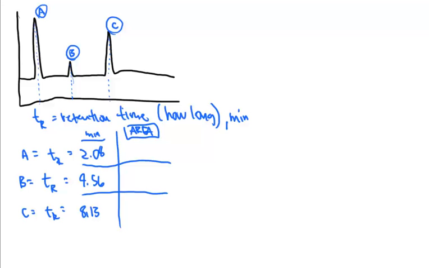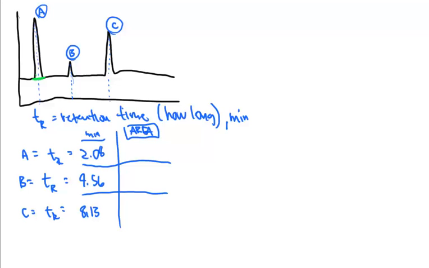So what the detector does is it says, okay, here we have the A peak, and this is a component. And the machine says, well, if nothing came off, my baseline would be about right here. But something came off at this moment, and we have to calculate how much.